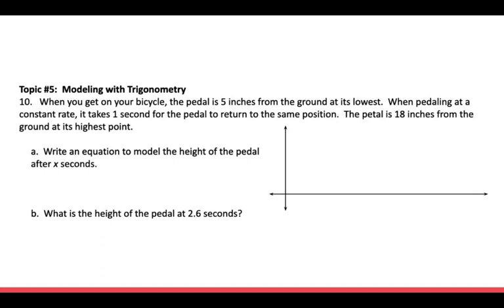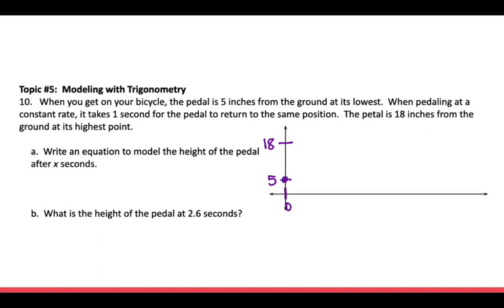So what I like to do is I like to use this graph to identify my lowest point, which was 5 inches, and my highest point. So my highest point is 18 inches from the ground, so I'm going to label that as 18. Now, when I start my cycle, it says it takes me 1 second for the pedal to return to the same position.